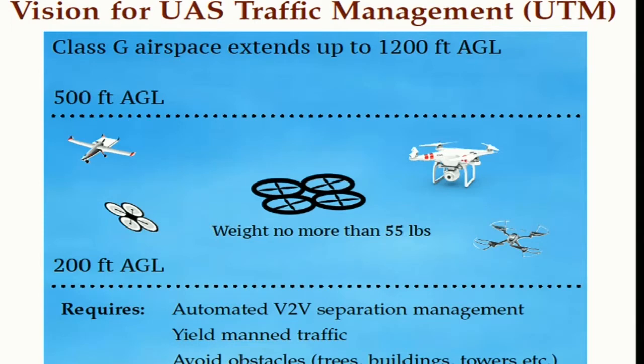But the vision is that within the altitude of 200 feet to 500 feet above ground level, there will be dedicated traffic management systems where very small drones, weighing no more than 55 pounds, will fly. Implementing this kind of system requires automated vehicle-to-vehicle separation management, unlike today's manned air traffic management system. It requires the vehicles to automatically yield to manned traffic, especially near airports, and avoid obstacles like trees, buildings, towers, and of course dynamic obstacles like other drones.